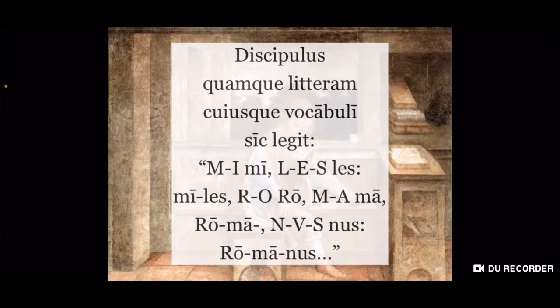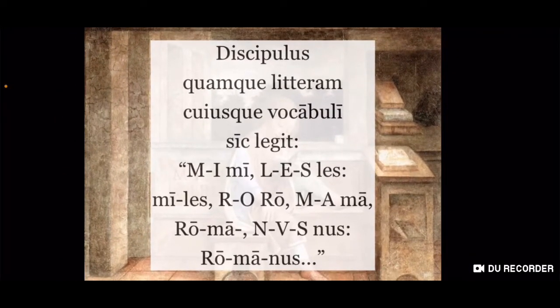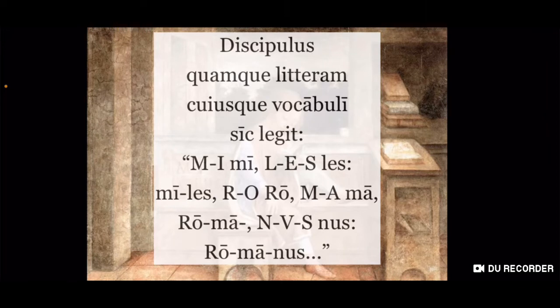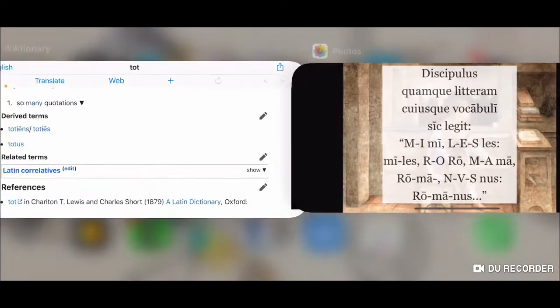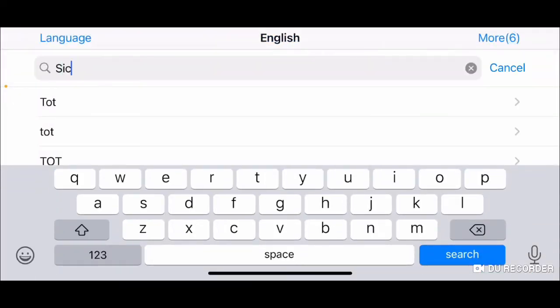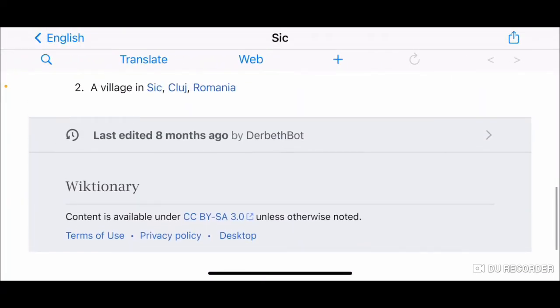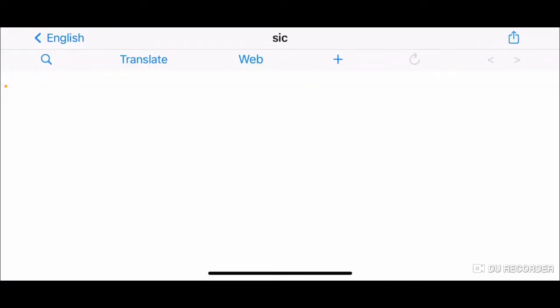Miles Romanus. Try to sound it out, basically, like we do. A student reads thus each letter. Now sic means thus. You get different meanings based off context.